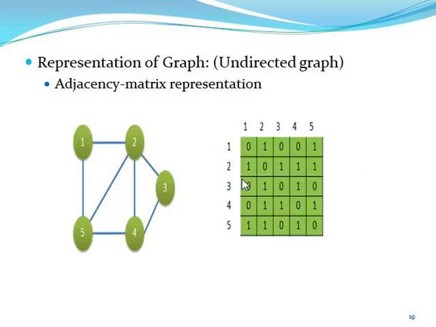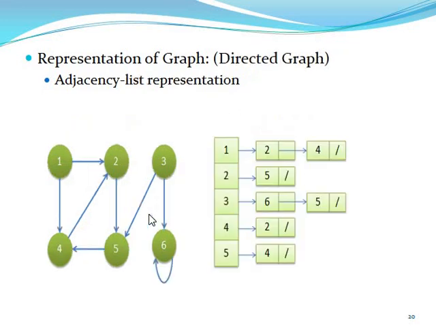Also in the matrix, based on the nodes, we create one table, and we put the value 1 because here no weight is connected. So for 1 to 2 and 1 to 5 we put 1. So this is the undirected adjacency list and matrix.